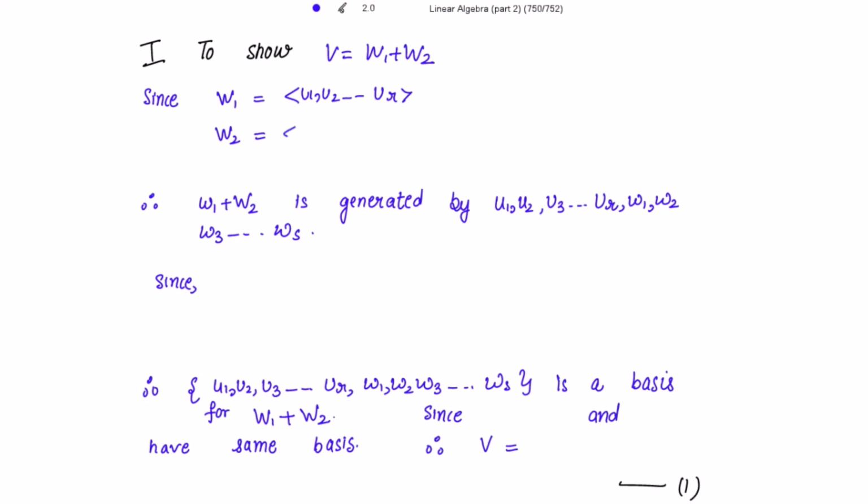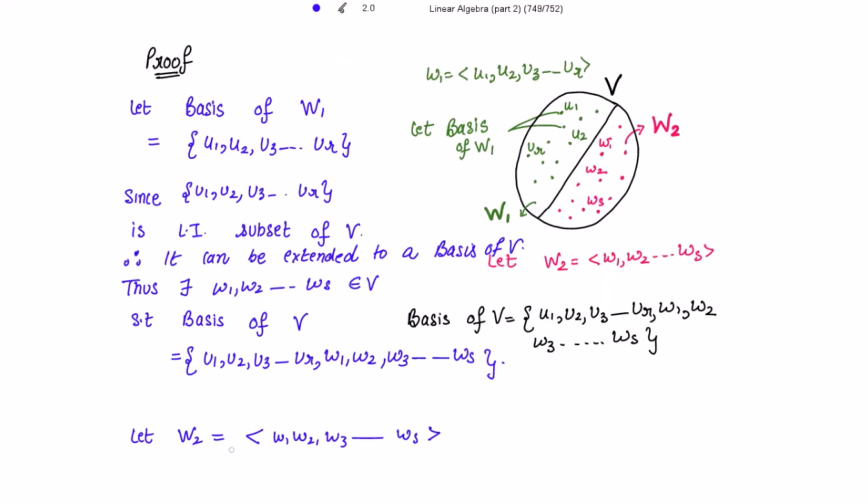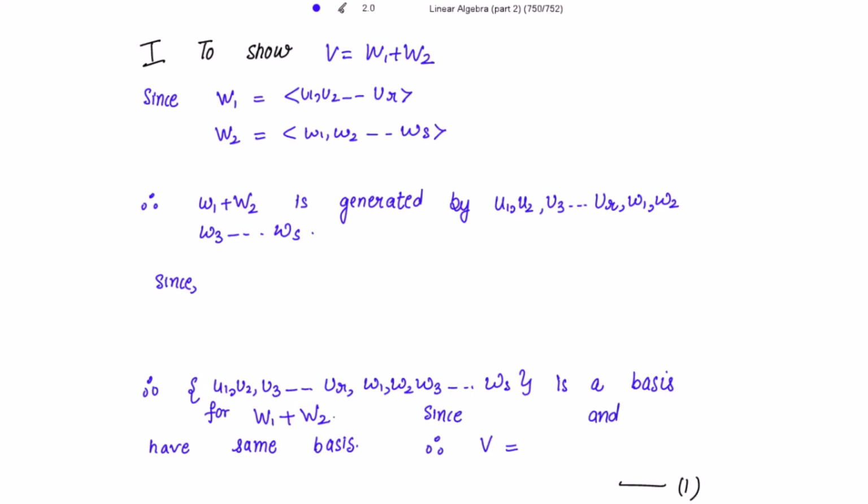And we have also supposed that W1, W2 up to Ws are the generators for W2. So W1 is spanned by these vectors, W2 is spanned by these vectors, and their sum is generated by all these vectors.